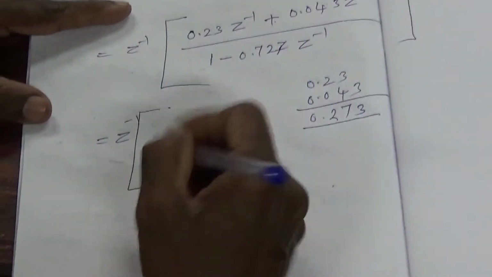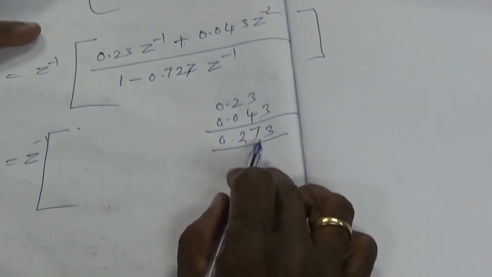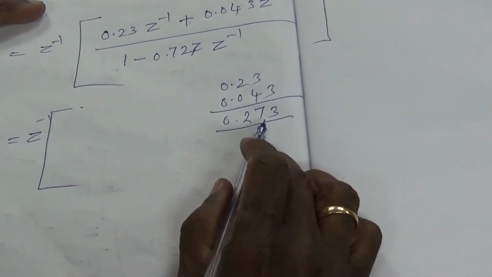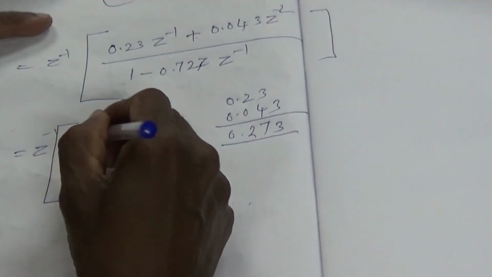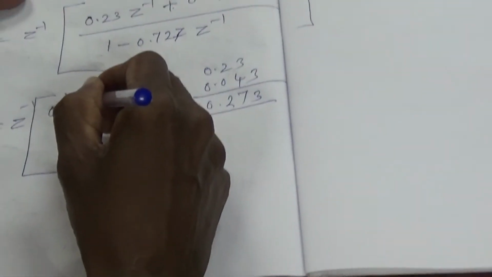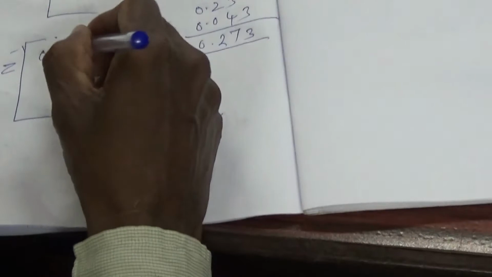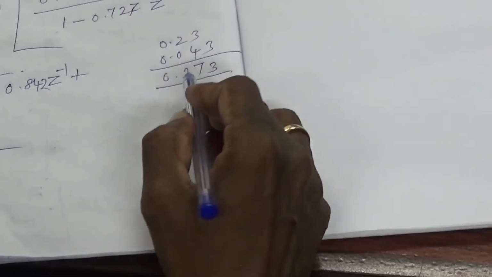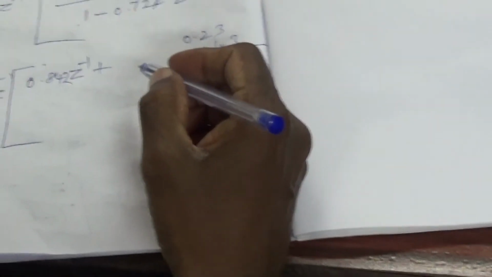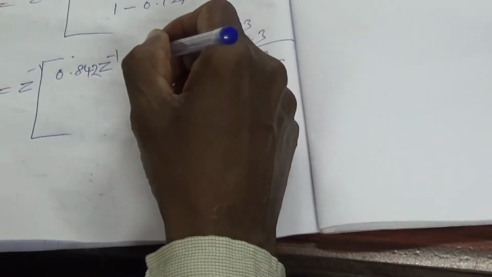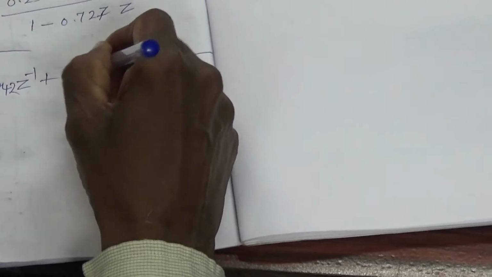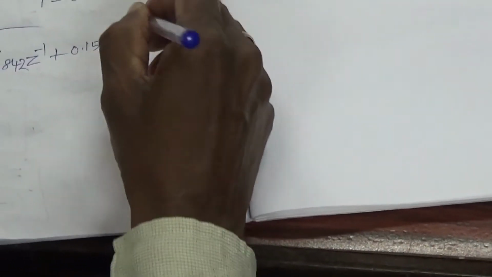So we will get 0.23 by 0.273, which is 0.842 z power minus 1, plus 0.043 divided by 0.273, which is 0.158 z power minus 2.